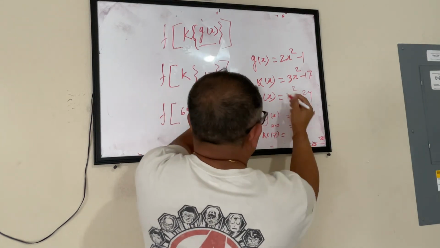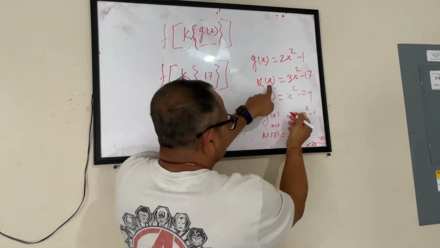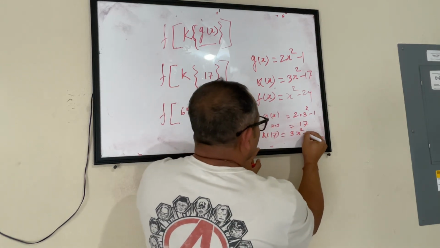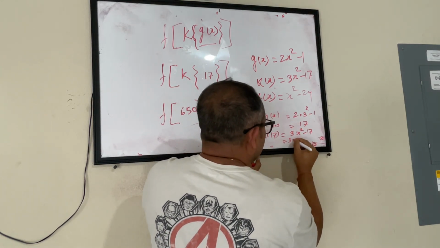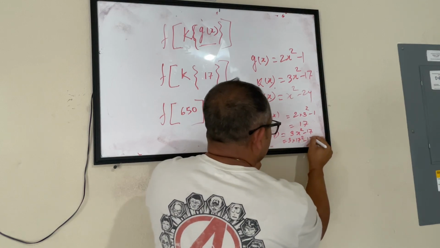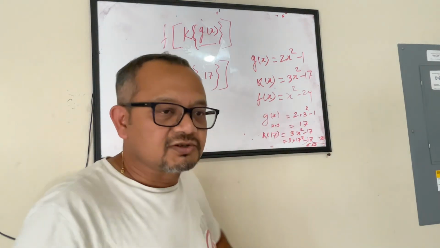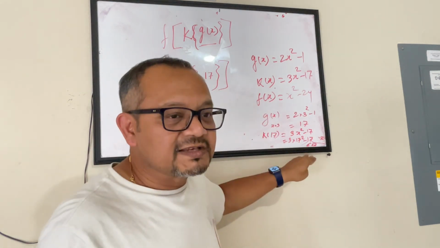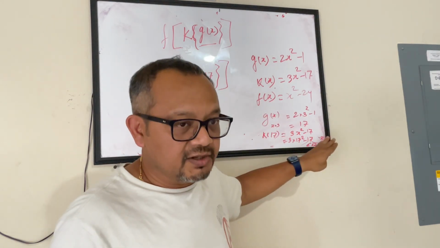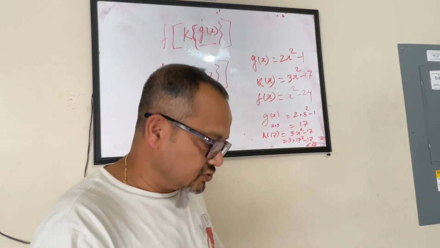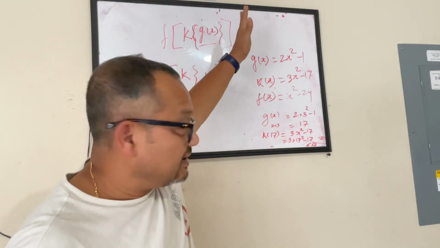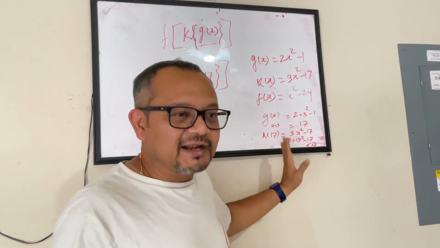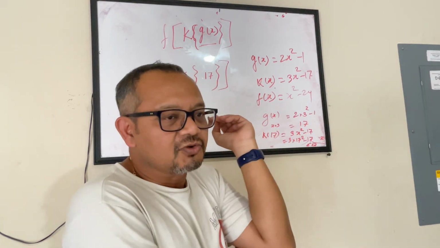I know k of x is 3x squared minus 17. So 3 into 17 squared minus 17. I always write it like a story. That way it's very easy for you to go back and see where you have gone wrong, if you did. That helps you with a review. So always do that extra hard work to write that story.